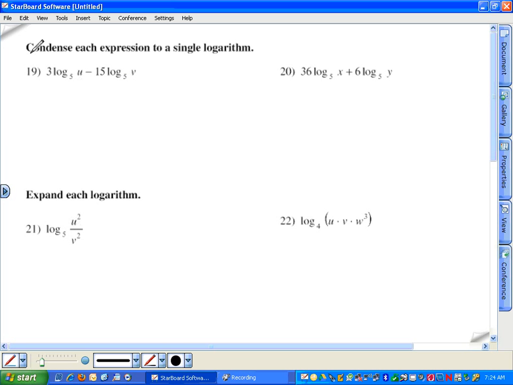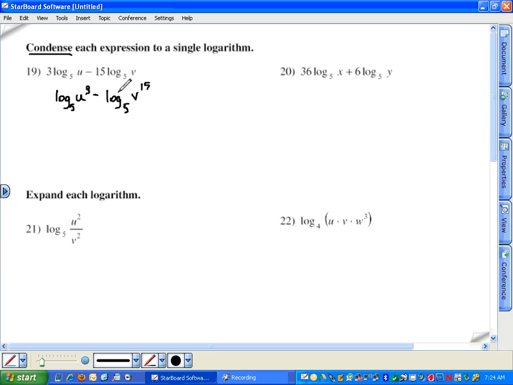Now, when you're condensing, you start with a power property, which means any numbers in front of logarithms need to move back up as exponents inside the logarithm function. So we're going to take this 3 and this 15 and move them back up as exponents first of all. So we have the log base 5 of u to the third minus log base 5 of v to the 15th.